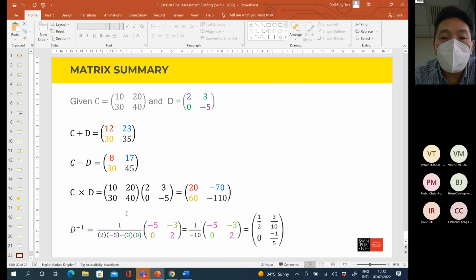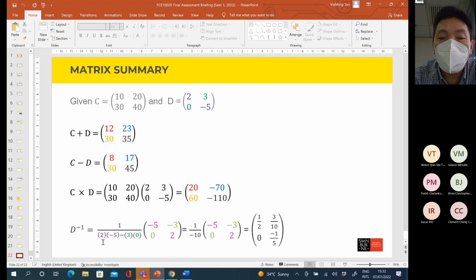If both matrices have the same number of rows and columns, the result that we get will be 2 columns and 2 rows. That'll be the result.